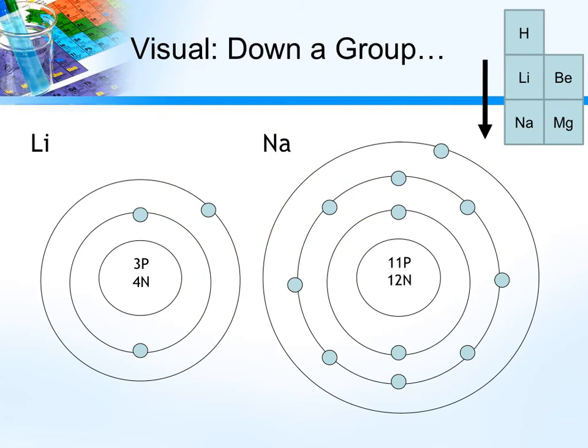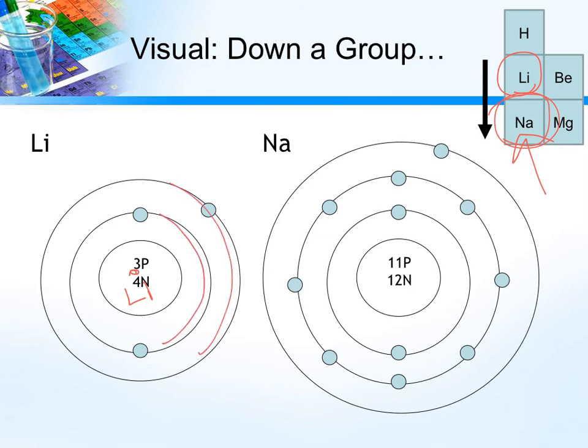To give you an idea of the difference in size going from top to bottom down a group, let's look at group 1A and compare lithium and sodium. No surprises here. Sodium is farther down in the periodic table and is much larger, so I think visually it'll be easier to see. On the left we have a Bohr model of lithium, and lithium has two energy levels, 1, 2.